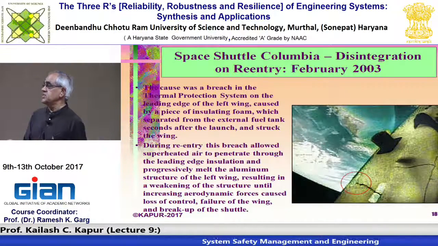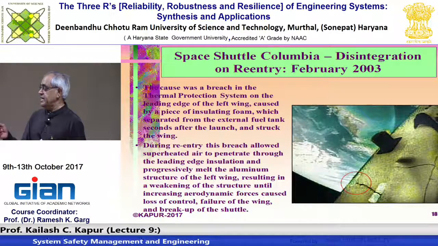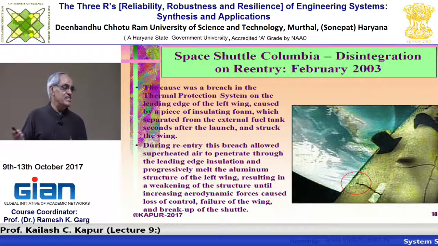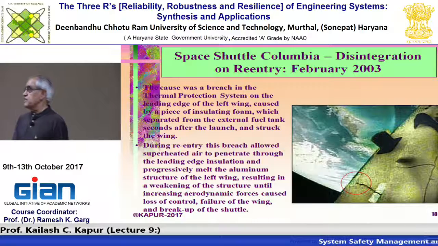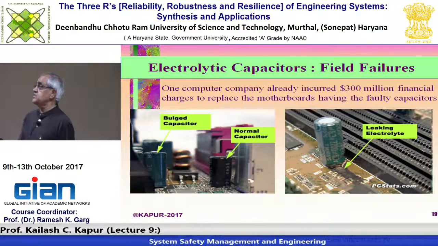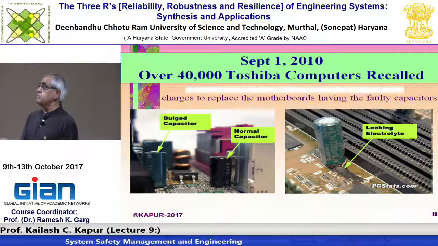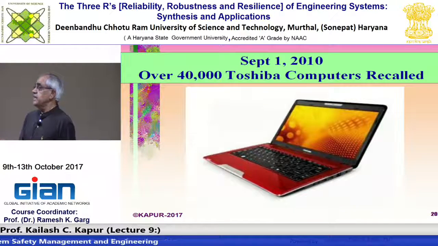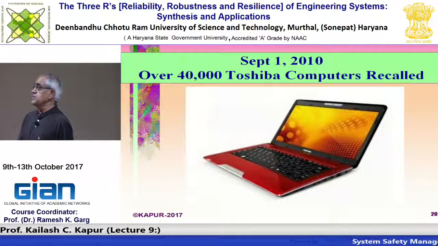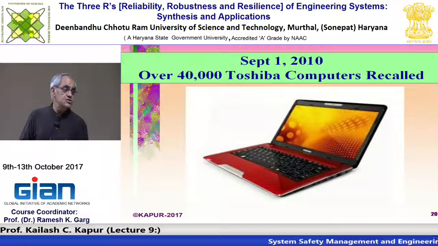Even the space shuttle at NASA: any accident like that can be worth tens of billions of dollars. It's very, very expensive, and a couple of people die. Even simple electronics have problems. If Toshiba has to recall laptops, that is a very expensive thing to do.